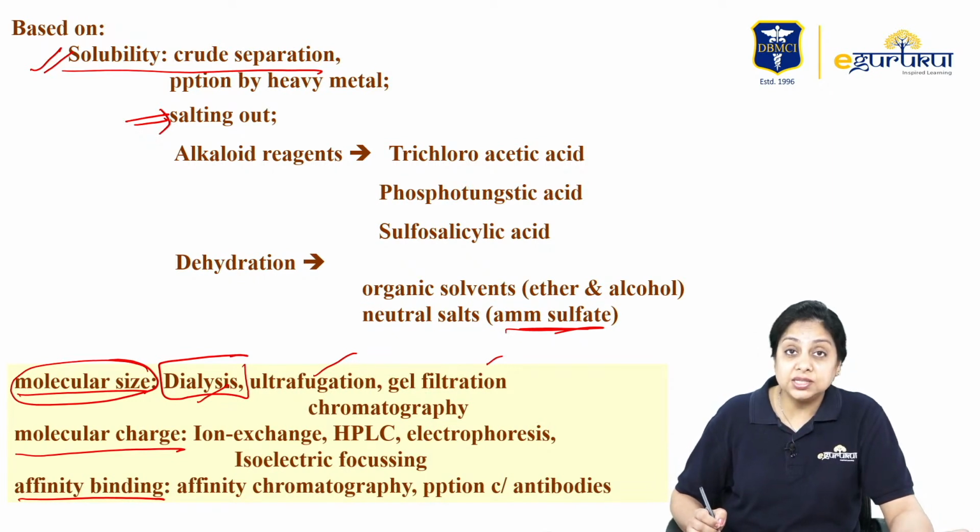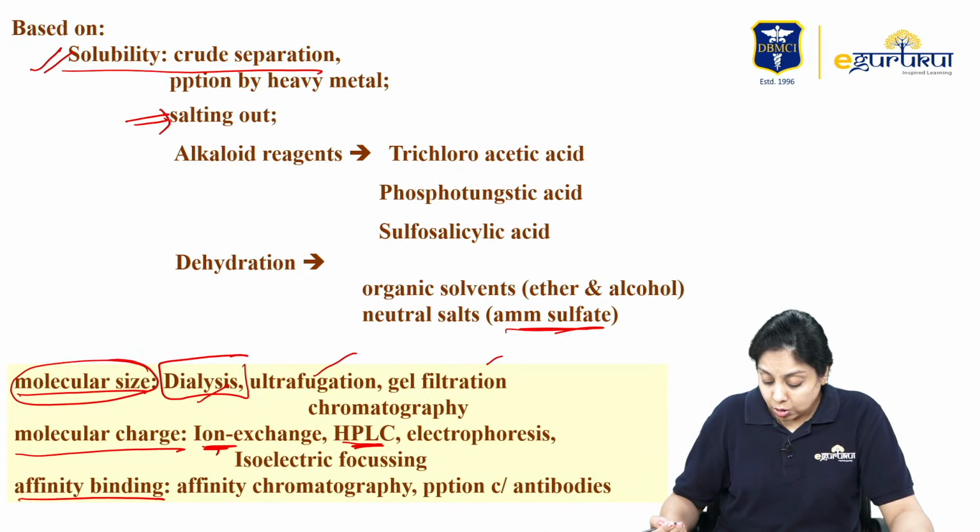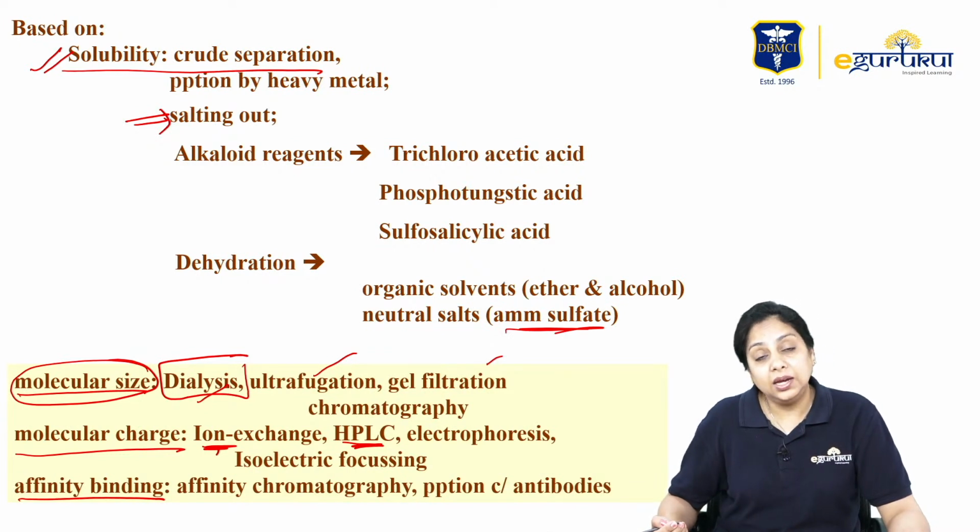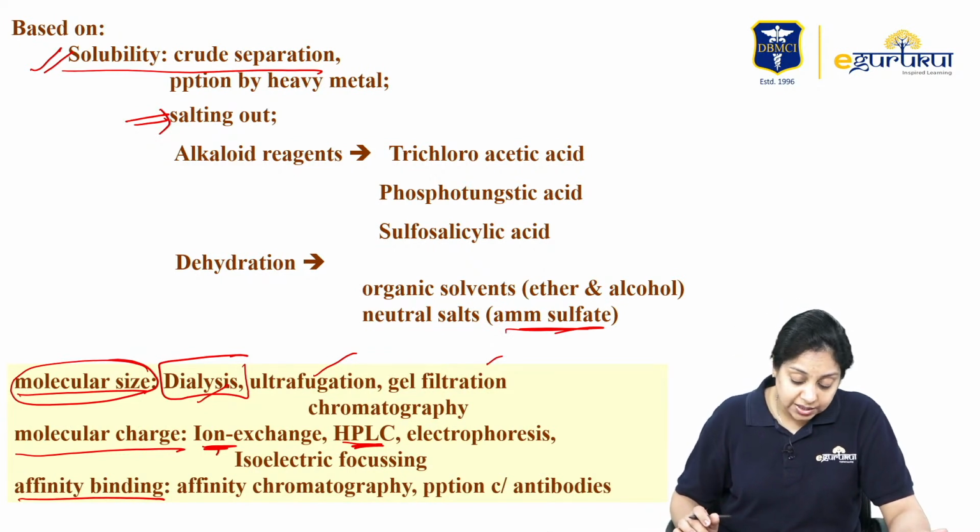Molecular charges means we are talking about the charge. So ion exchange, high performance liquid chromatography, HPLC, right? Electrophoresis, isoelectric focusing, affinity binding is affinity chromatography, precipitation with the antibodies also. Okay, so these are the various ways we can separate the proteins.